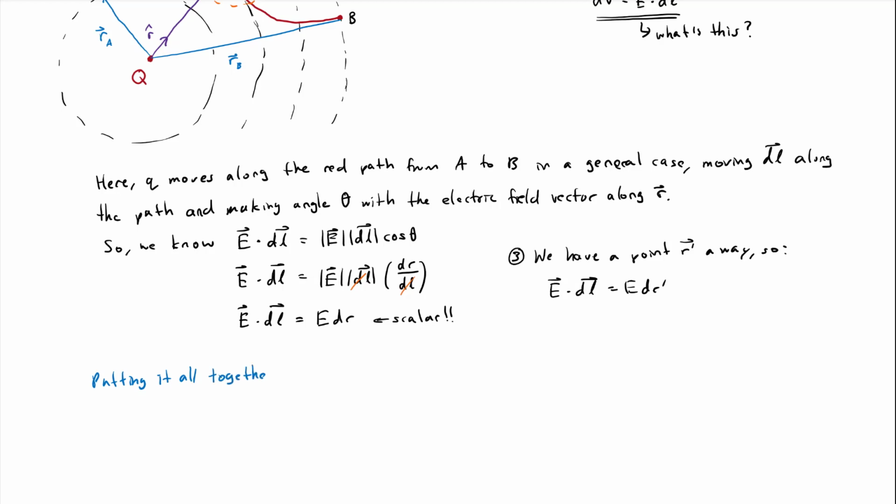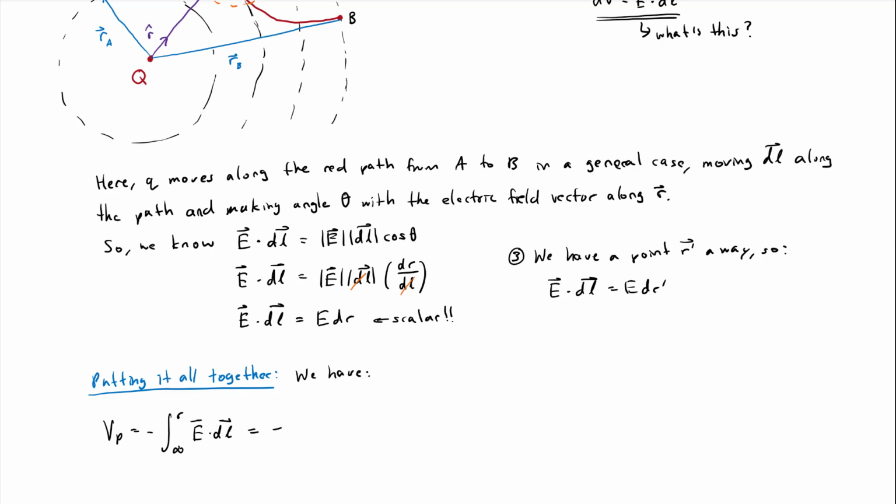So now let's put it all together. We're going to have VP from step number 1 is the negative integral from infinity to our point R, because we're trying to move it to point R, E dl.